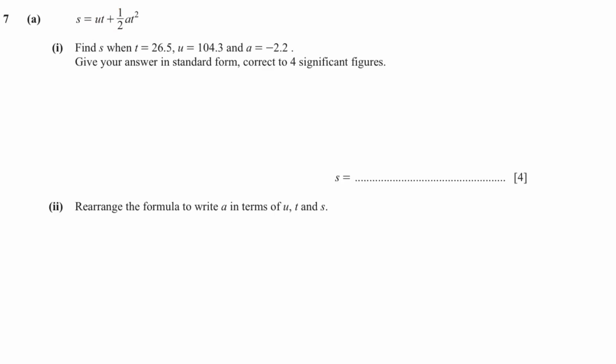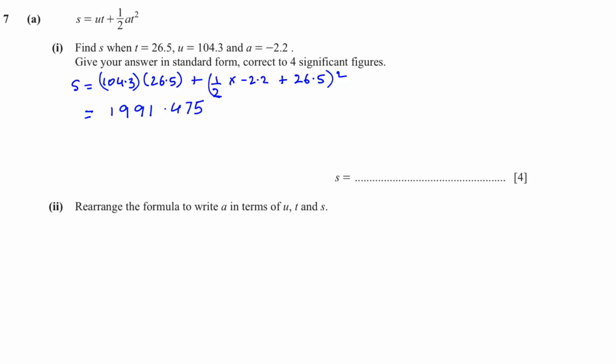You just have to first substitute everything that we have. So S is equal to 104.3 multiplied by 26.5 plus half multiplied by negative 2.2 plus 26.5 square, and this will give us 1991.475.